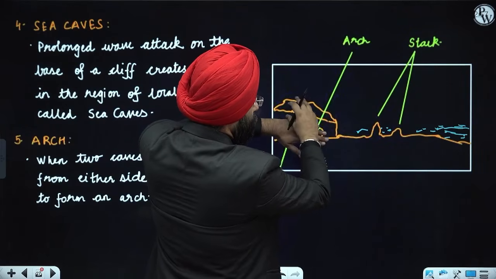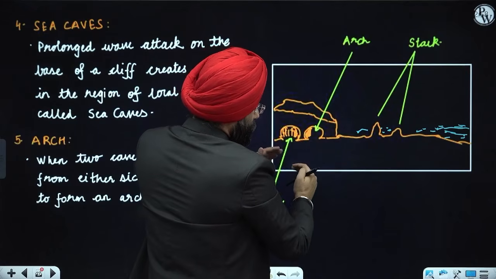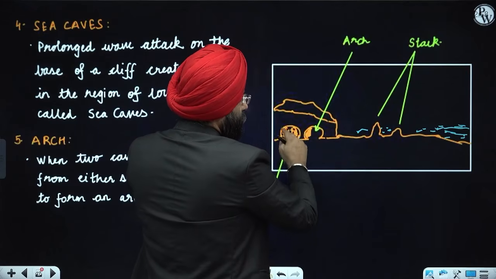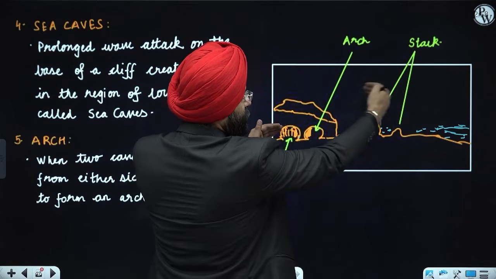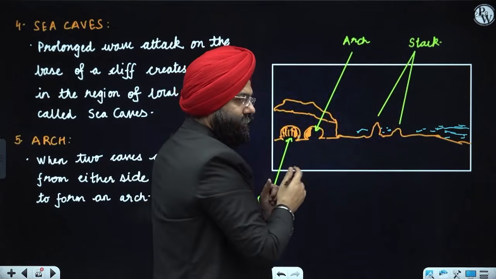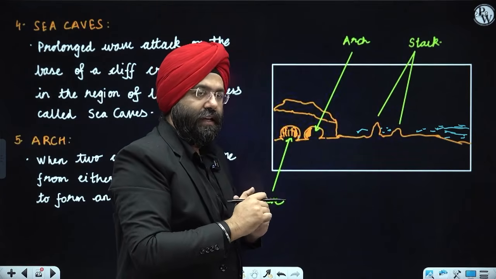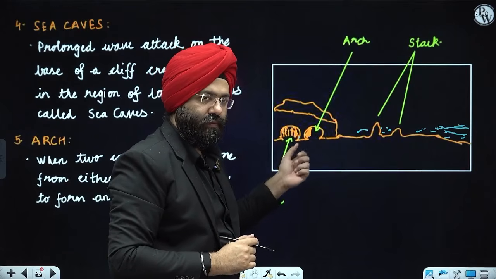Supposing that this is a part of land on the coastal region which is rocky in nature, certain waves will be splashing around the sides, from this side and from that side also. So a hole might be created. This hole or hole-like structure is known as a cave.